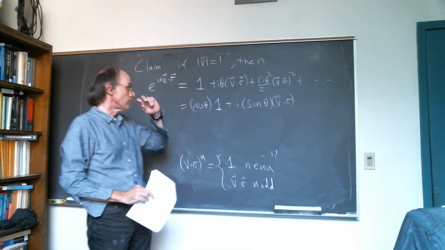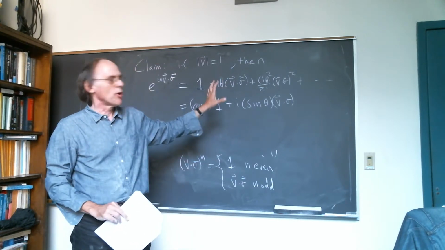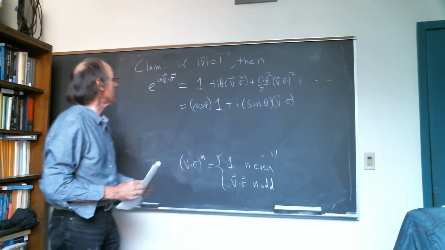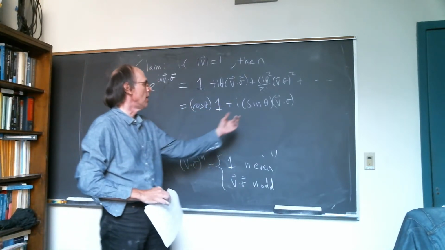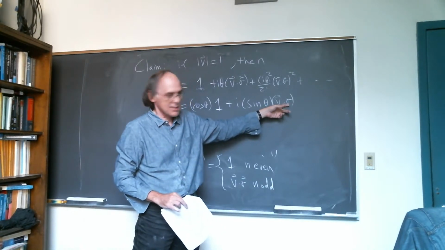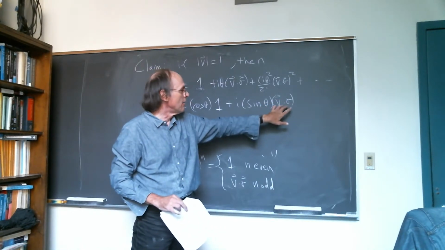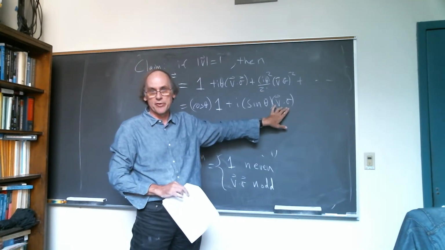So I'm going to have to start finishing up, but the nice thing about this computation is that we know very explicitly what these guys are. These guys are self-adjoint 2x2 matrices.